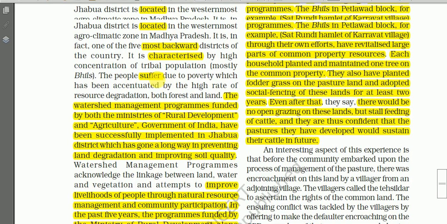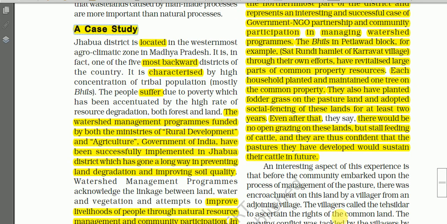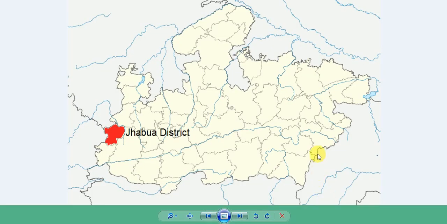And here let me show you the location of this Jhabua district. This is the map showing the state of Madhya Pradesh, and Jhabua district is here.